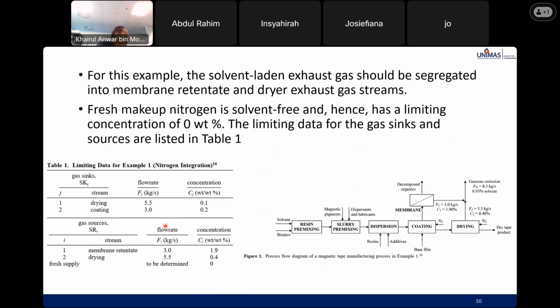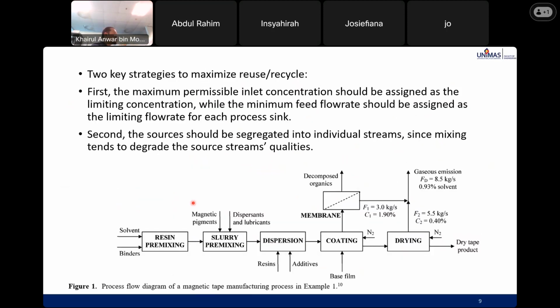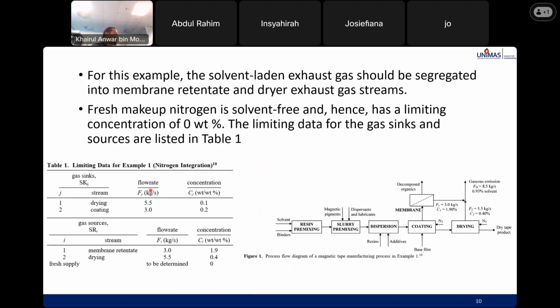For drying, it requires a minimum of 5.5 kilograms per second, and the maximum concentration is 0.1%. For coating, the minimum is 3, and the highest concentration is 0.2%. So these values refer back to the strategies. That's how they define the values.